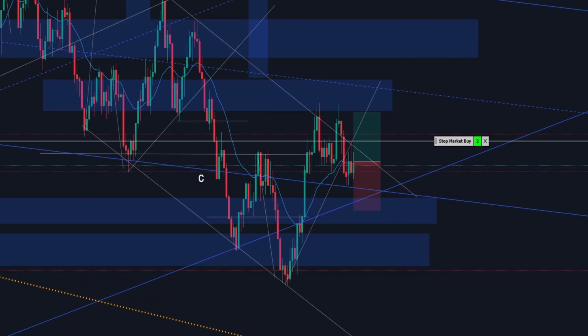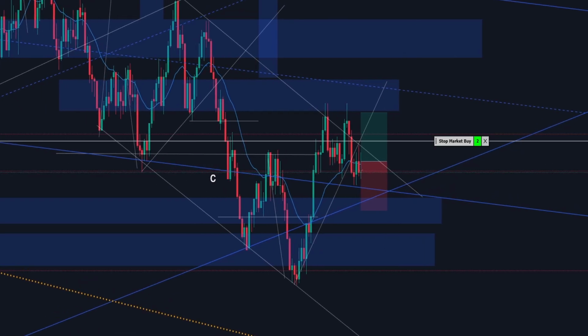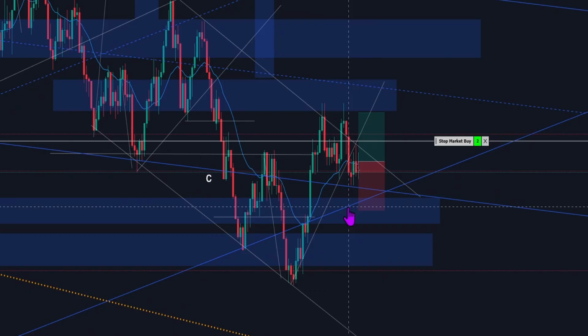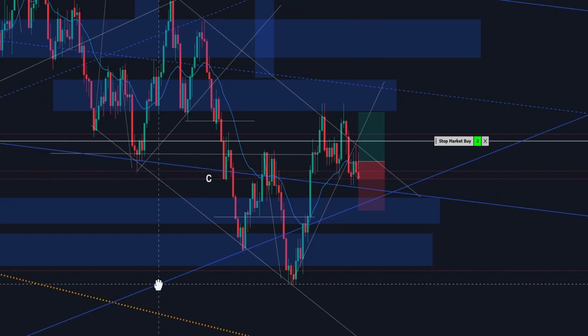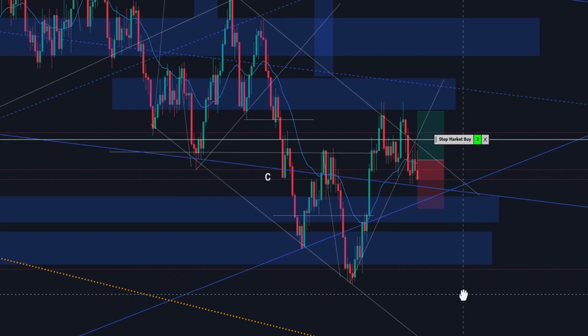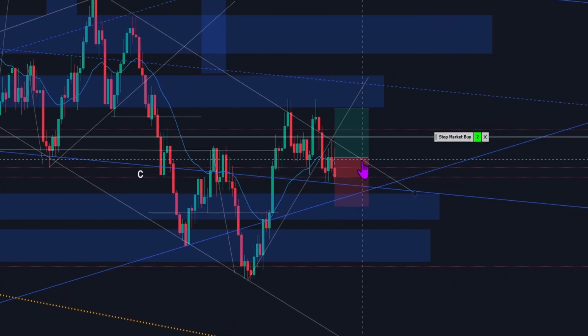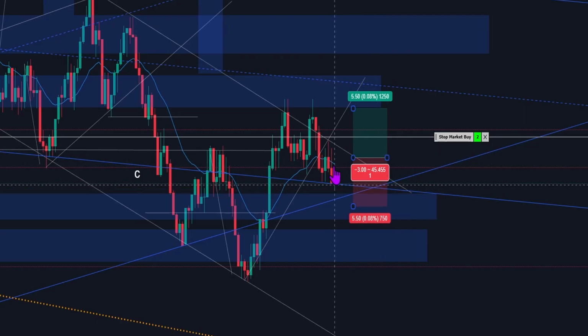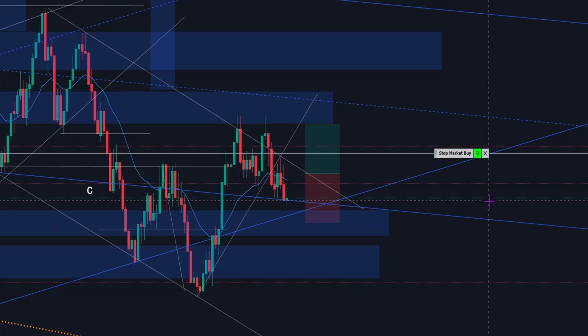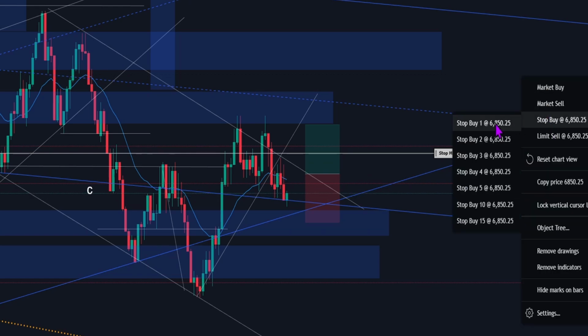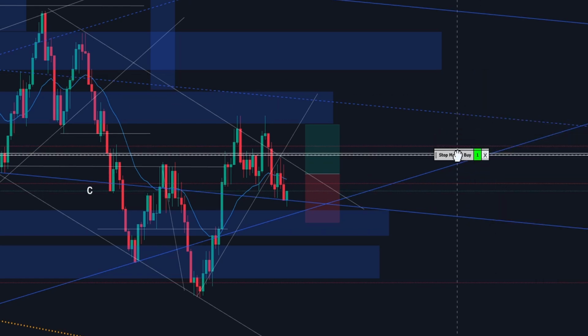I want to see sellers here, and I want to see them retesting this channel, this one. And now I want to see a failure of these signals. So this is a very nice signal candle. So if this one fails, this could be very, very strong. I'm going to go 3.